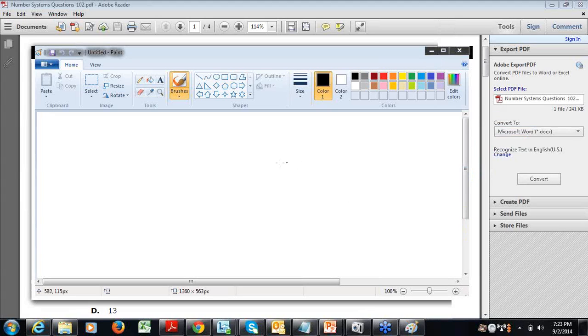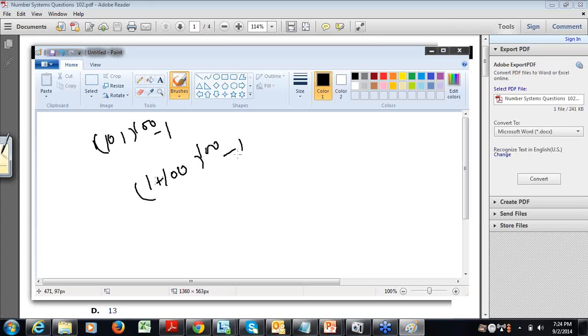Okay. Now there is a different way. 101 to the power 100 minus 1 can be written as 100 plus 1 to the power 100 minus 1. So expand it.